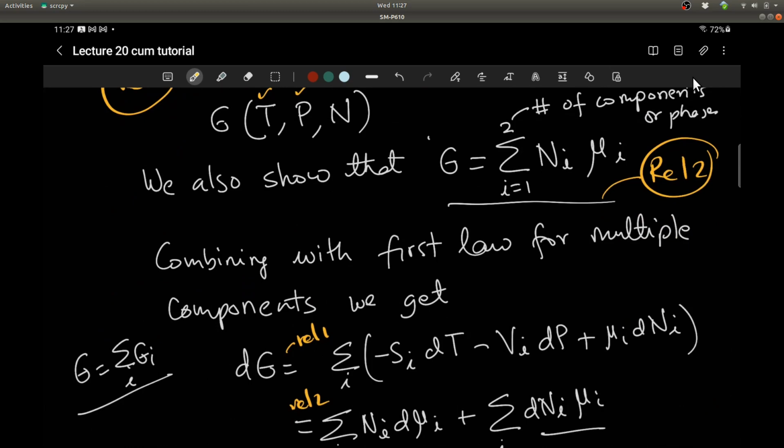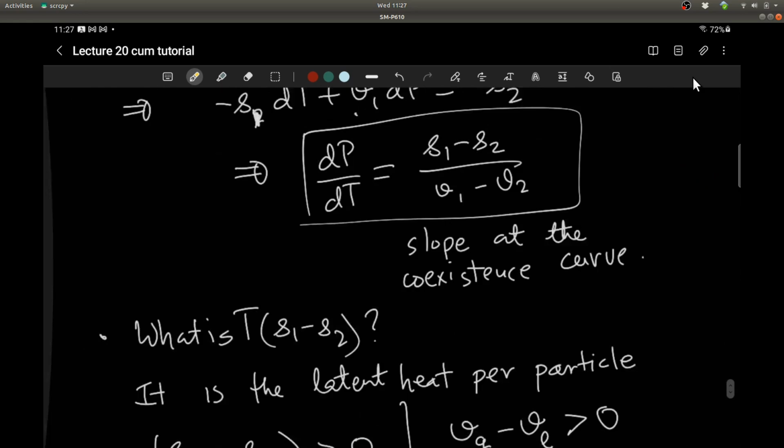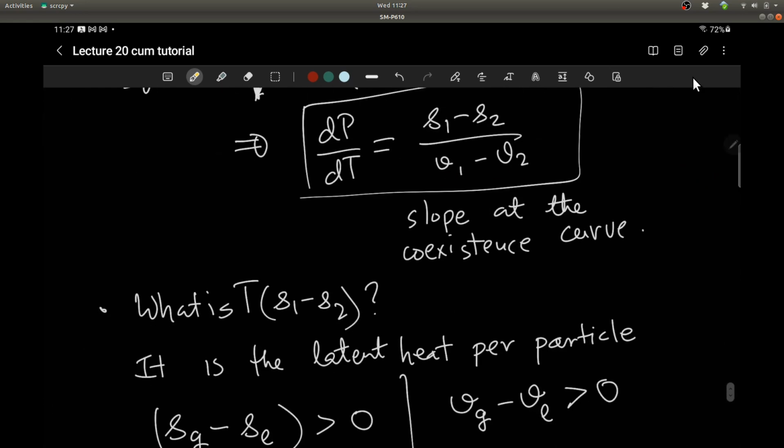So the denominator of this formula will be much smaller because the density difference is large. The volume difference will be the inverse of those things. So that becomes smaller, which means dP by dT will be larger. That means the slope will be steeper. Is that clear?